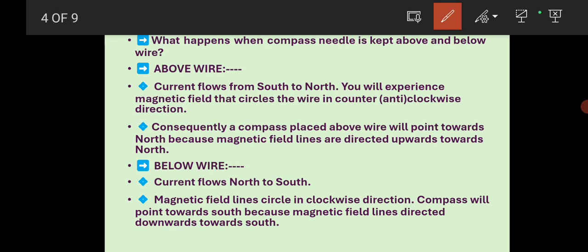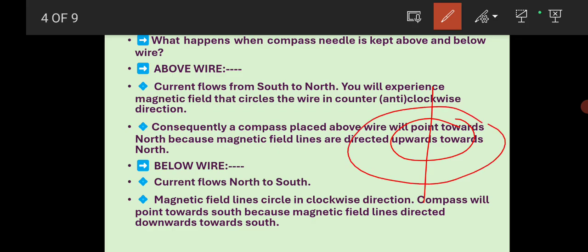If this is the wire, the magnetic field lines circle the wire in such a way. How? In a counterclockwise or anti-clockwise direction, with arrows I am keeping.